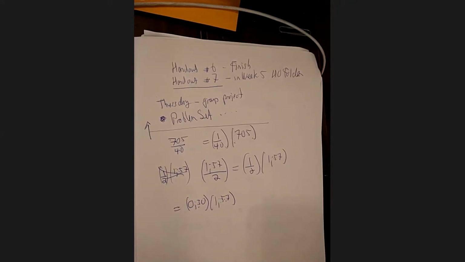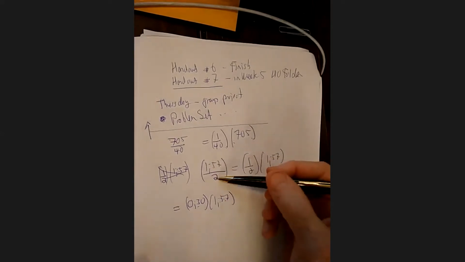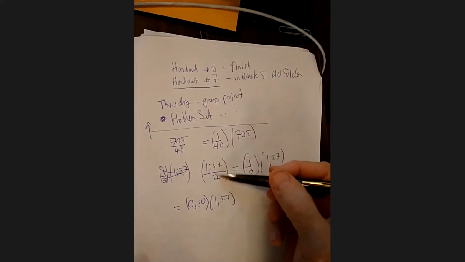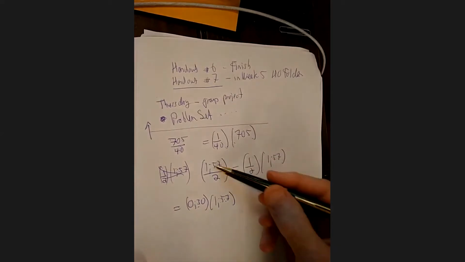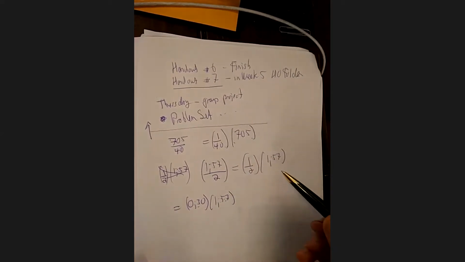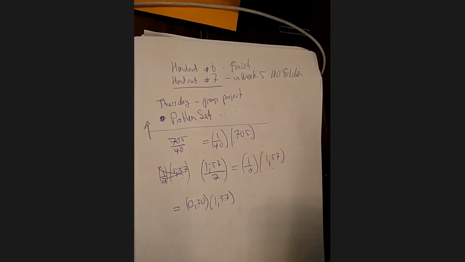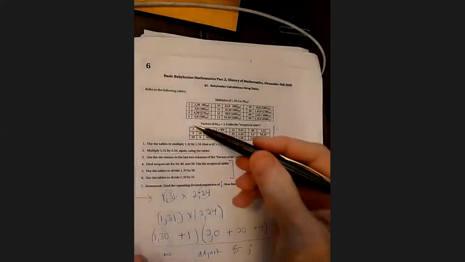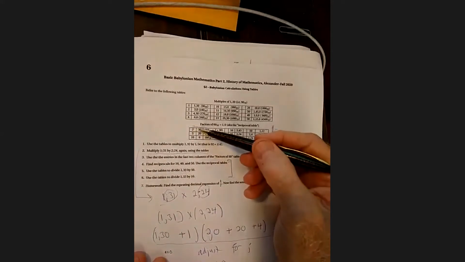Okay, so does that make sense? To do this simple one, which you could probably do in your head or by hand, if you wanted to, just as a proof of concept, we can think of it as 1/2 times 157. Then I go to this table and I say, oh, the reciprocal of 2 is 30.